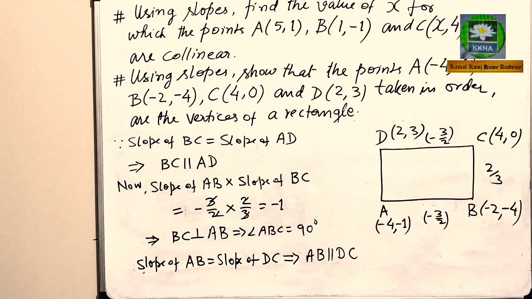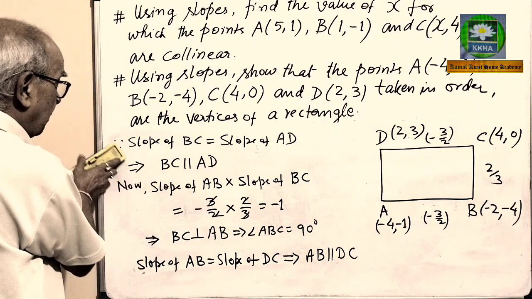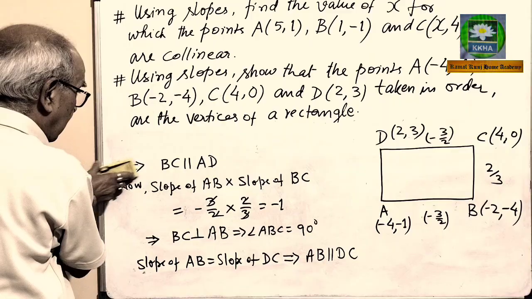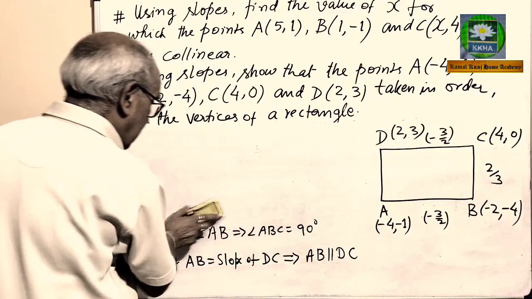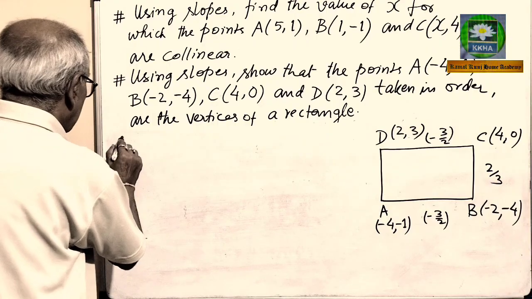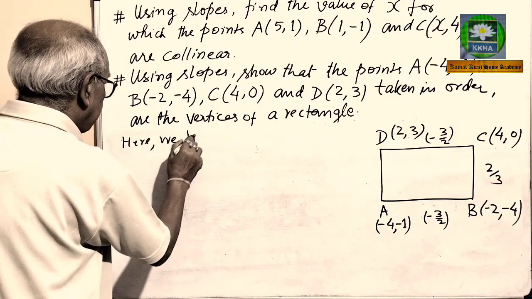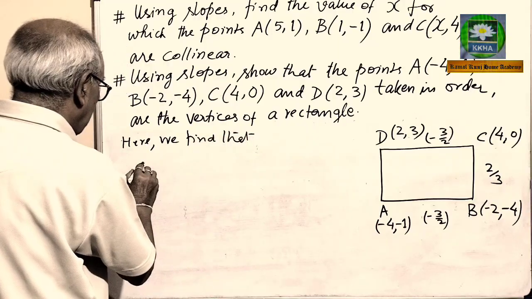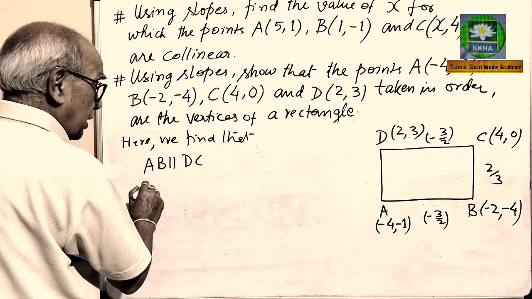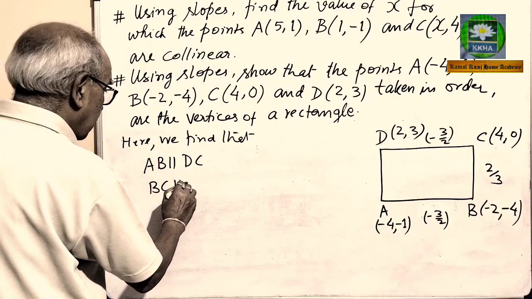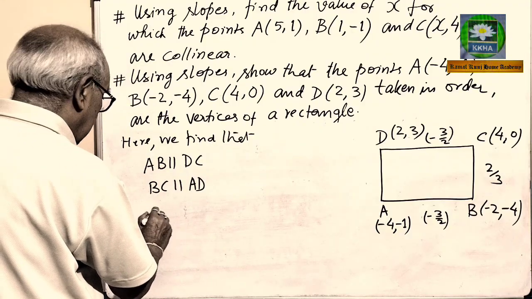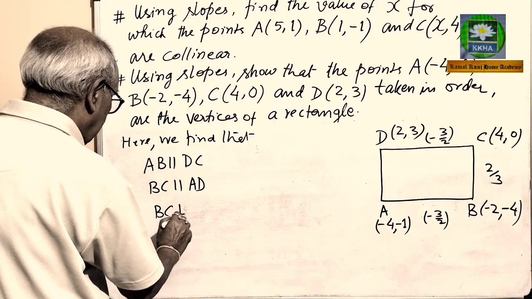Hence here we find that AB is parallel to DC and BC is parallel to AD.